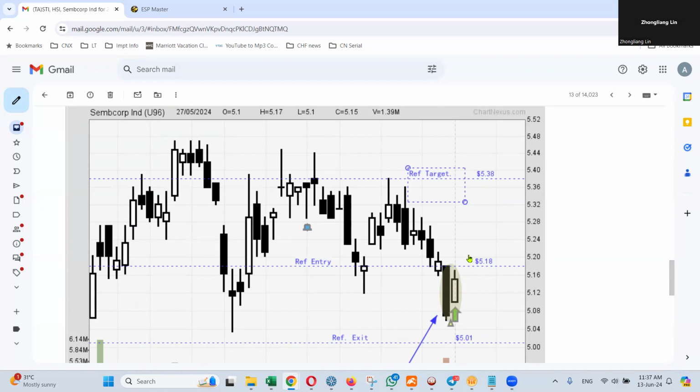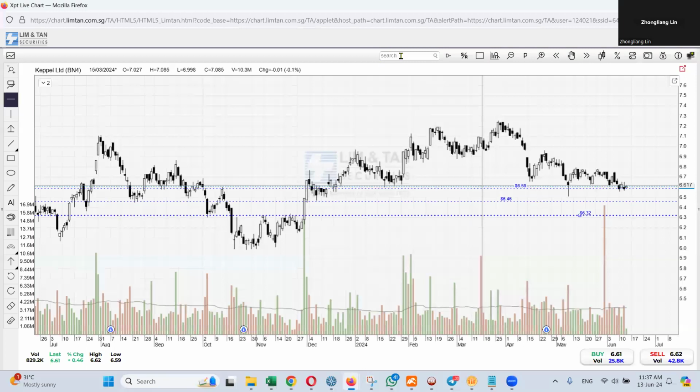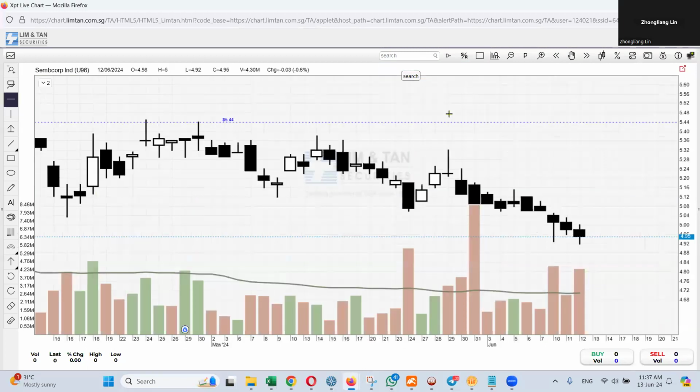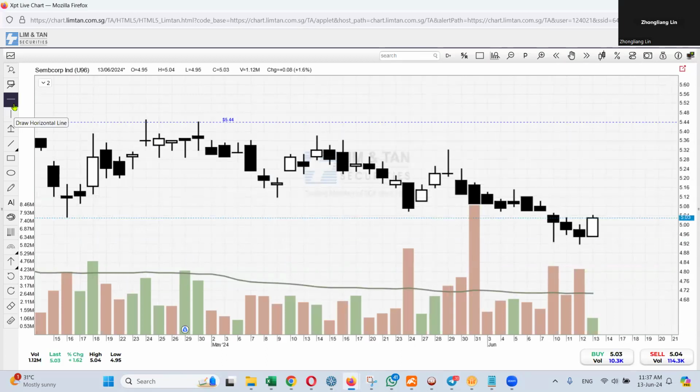When this counter rebounds from here at 518, the reference target is about 538. Okay, so let's see how Sembcorp Industries did that time.